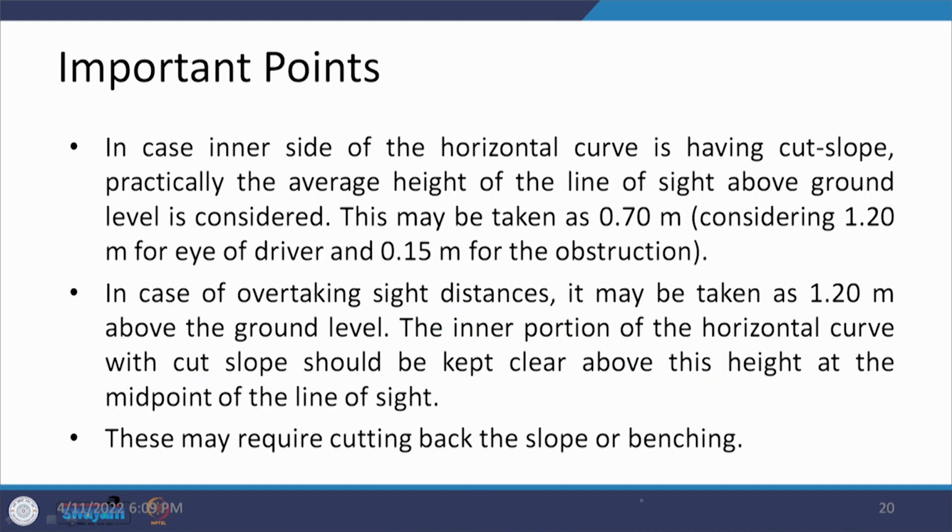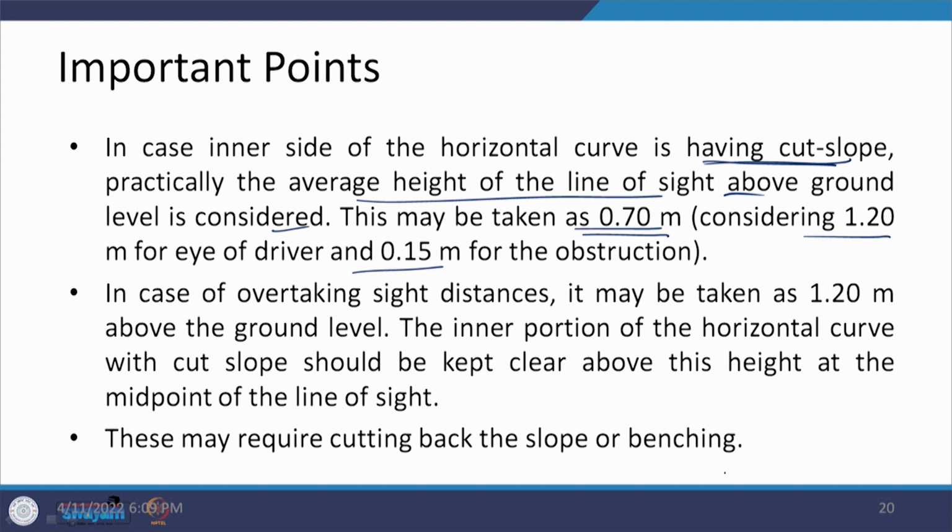Now, there are a few points related to this. What are these? In the case the inner side of the horizontal curve has a cut slope, then the average height of the line of sight above the ground level is considered, which is taken as 0.7 meters. So, it is taken with respect to 1.2 meters and 0.15 meters of an obstruction, so 1.35, and the average of that is 0.7 meter.